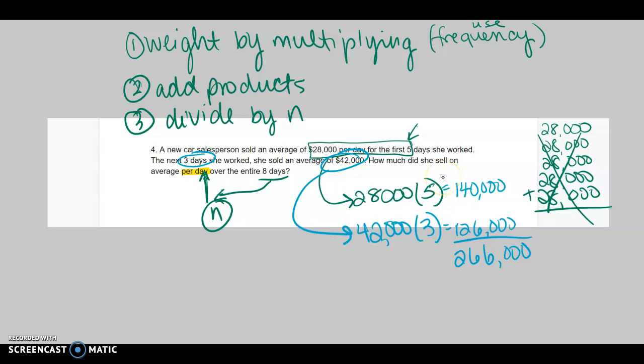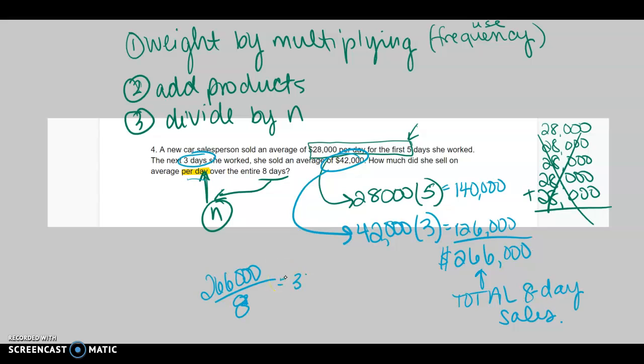It says, how much did she sell on average per day over the entire 8 days? Well, this is how much she sold over the 8 days. Total 8-day sales. So you know that you're going to take this total and divide by n. So we're going to do 266,000 divided by 8.